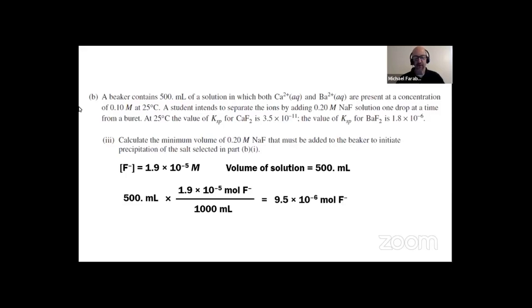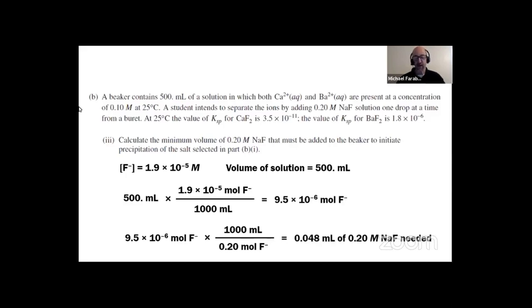So this number, 9.5 times 10 to the minus 6 moles of fluoride, needs to come from a solution that has a concentration of 0.2 moles per liter. We're going to use the sodium fluoride molarity as a conversion factor, but this time putting moles on the bottom and volume on the top. So how much sodium fluoride do we need? A very small amount. In fact, less than 1 milliliter.